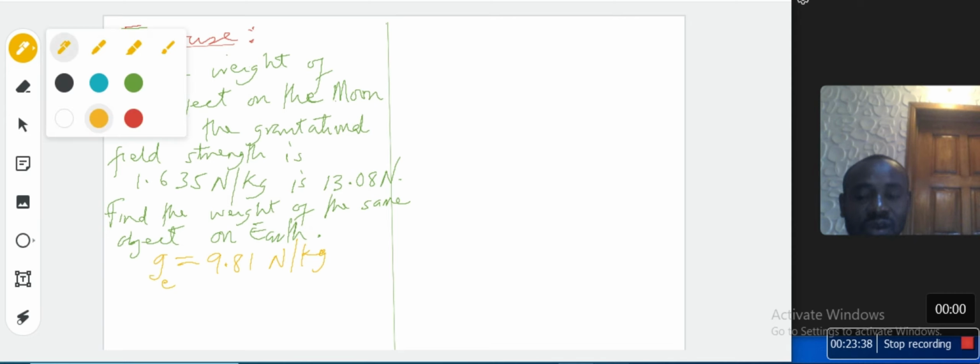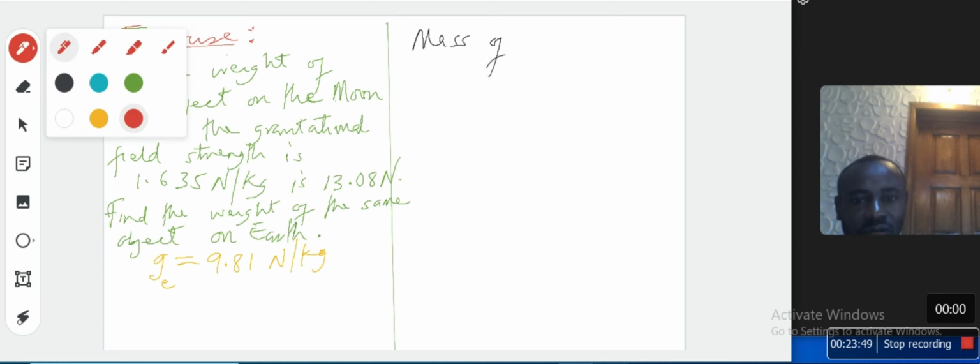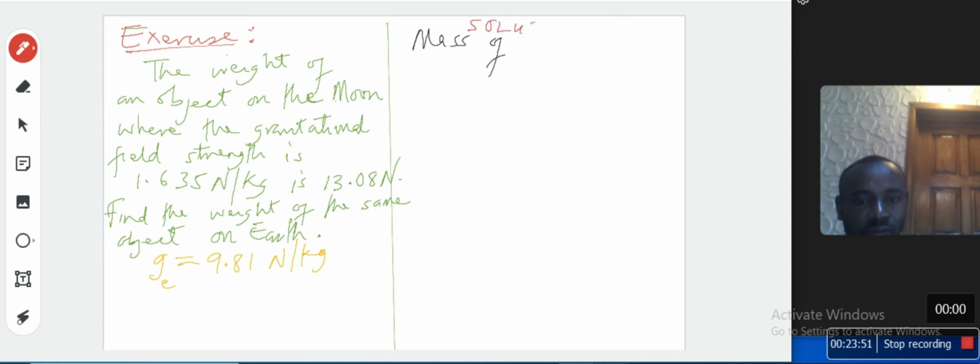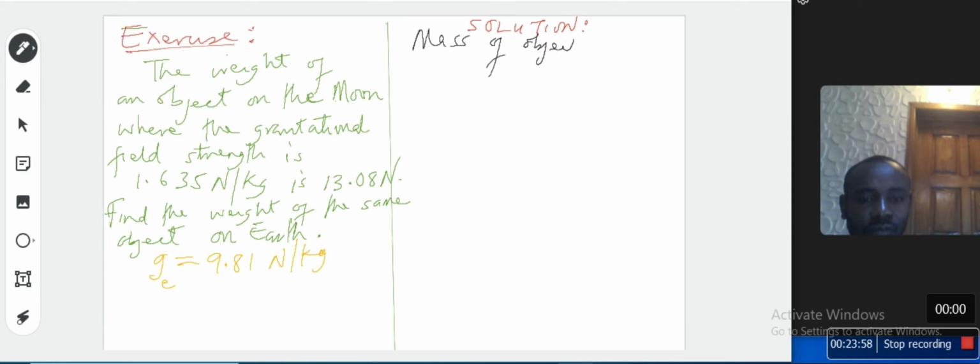You can use simple proportion and cross multiply, but you can also work it out like this. Assuming you were asked to find the mass, you can find the mass of the object on the moon. So this is the solution. What's the mass of the object on the moon? 13.08 is the weight.